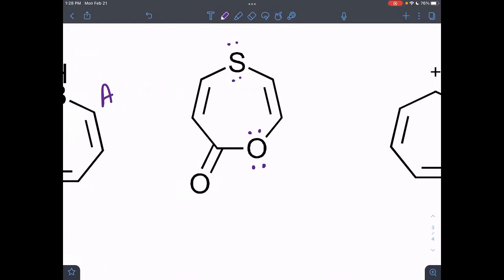So if both the sulfur and the oxygen choose to be sp2, how many pi electrons? Yeah. You have 2 from each and then 2 from the double bond, and then this is a cation. So if they choose to be sp2, it's going to be anti-aromatic. So do they choose that? Yeah, so it's non-aromatic.